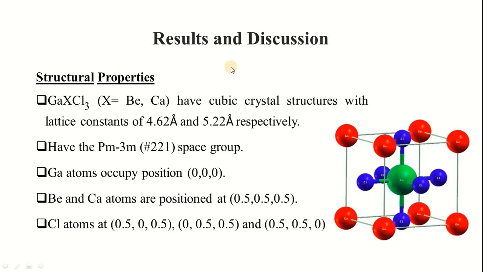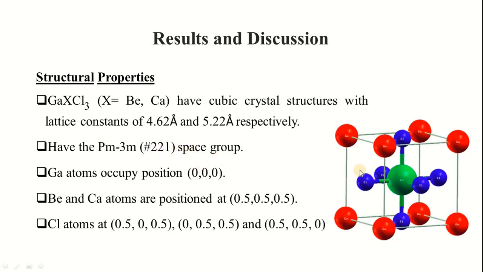Both of our compounds GaXCl3, in which X represents Be and Ca, have a cubic crystal structure with lattice constants of 4.2 angstrom and 5.22 angstrom respectively, having space group Pm3m number 221.